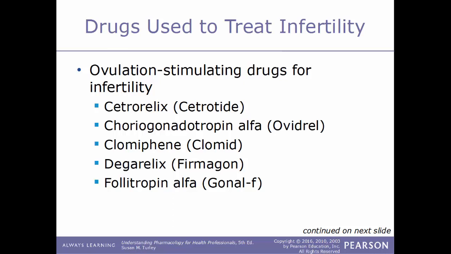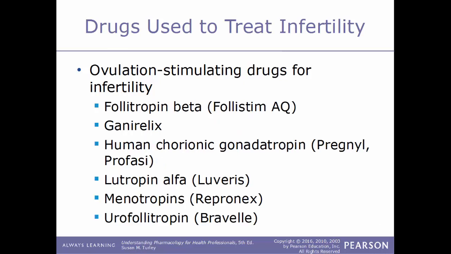Some examples of these kinds of drugs would include cetrorelix, which is sold under the trade name of Cetrotide; choriogonadotropin alpha, which is sold as the trade name Ovidrel; clomiphene, known by its trade name Clomid; degarelix, also known by its trade name Firmagon; and follitropin alpha, known by its trade name Gonal-F.